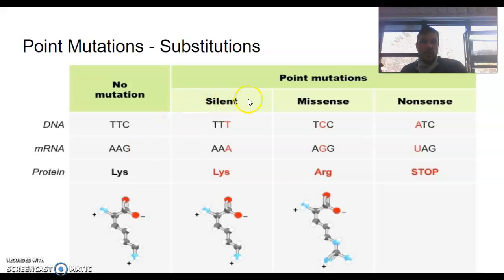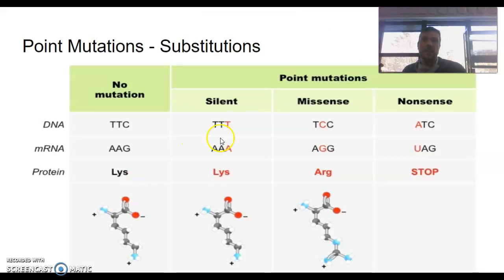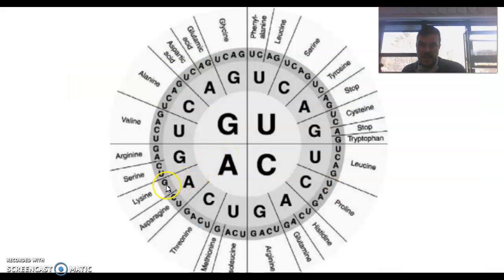The first type of point mutation I want to talk about is a silent mutation. If we go to our codon wheel real quickly and think about AAG as being our codon, AAG is lysine. Well, if I go to AAA, AAA is also lysine.